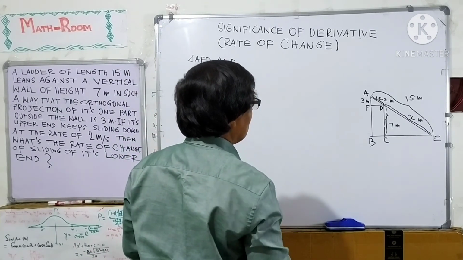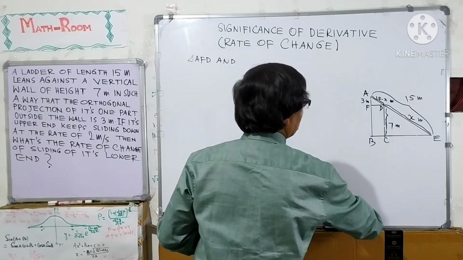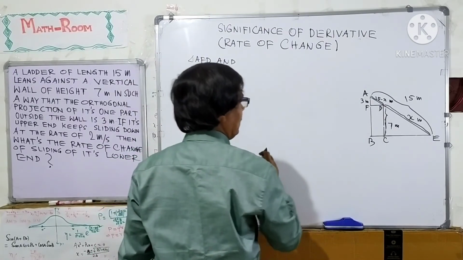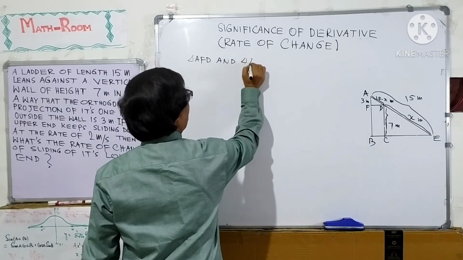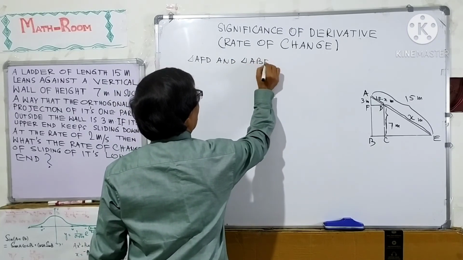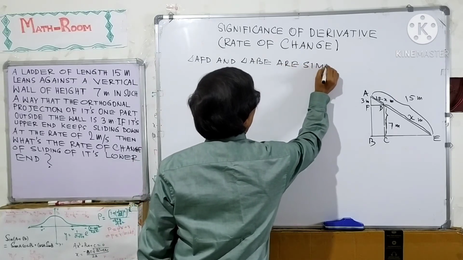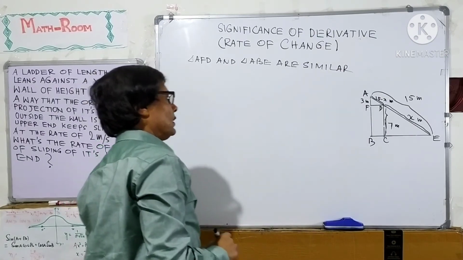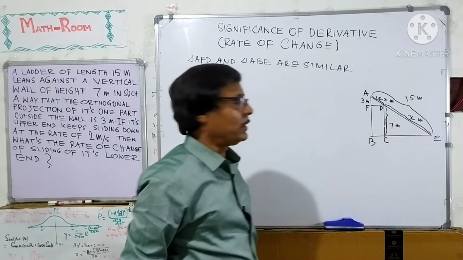These are the two similar triangles, AFD and ABE.